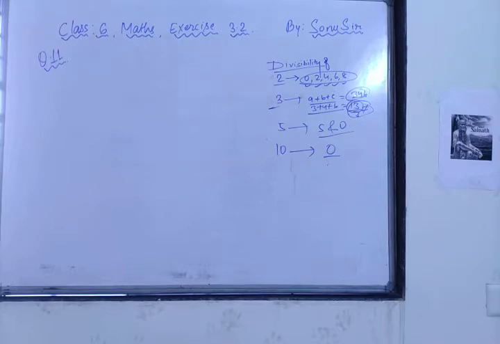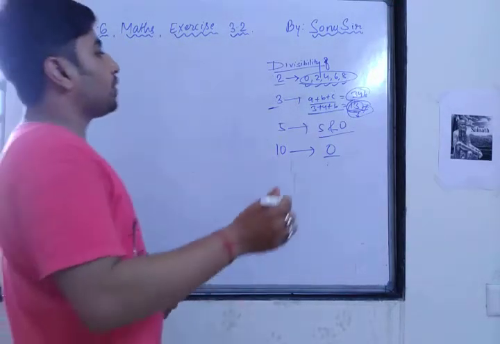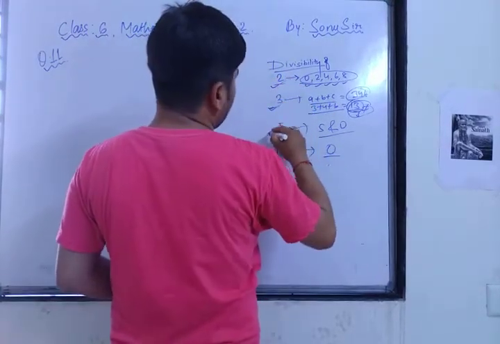If you still have any doubt related to this topic or chapter, definitely I'll describe it. But before completing this exercise, at least you should know the divisibility of 5, 10, 2 and 3. That's why I have described here the divisibility of 2, 3, 5, 10.